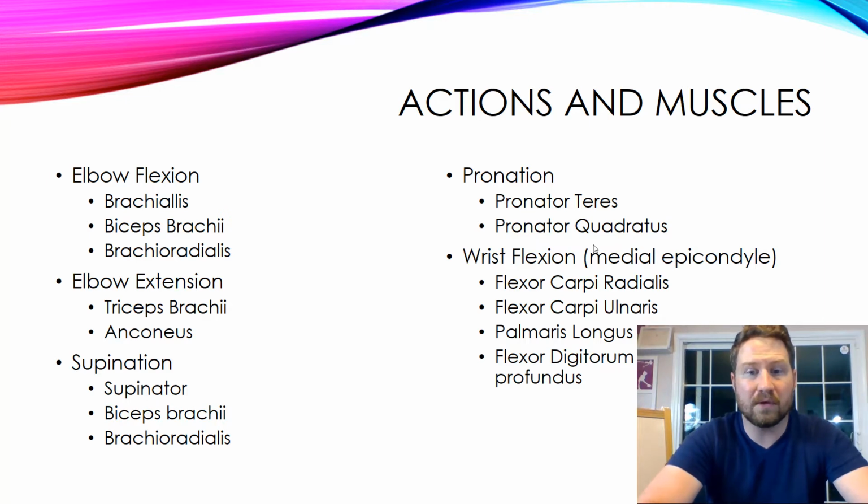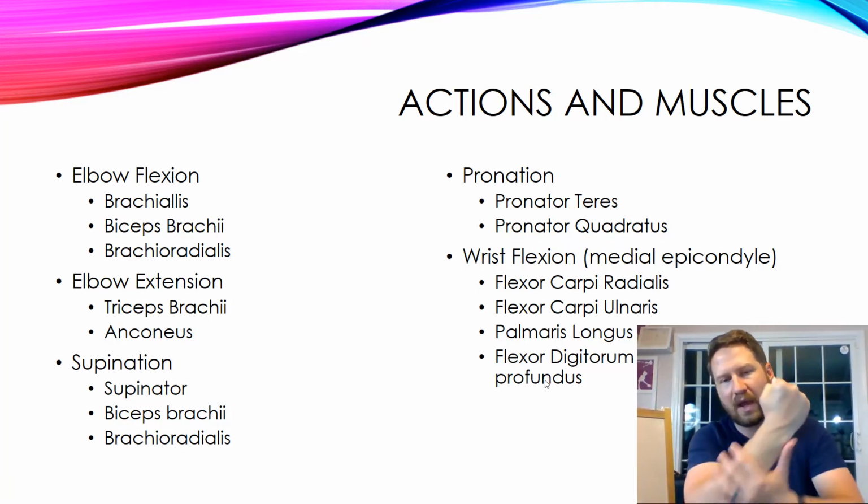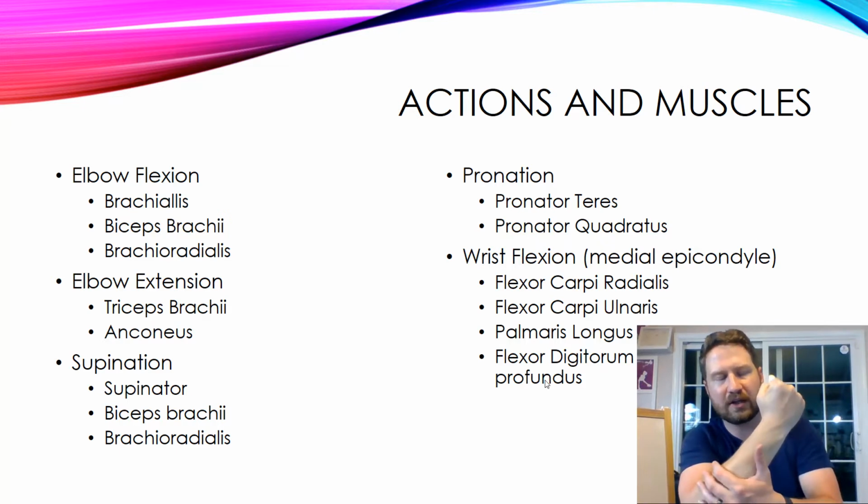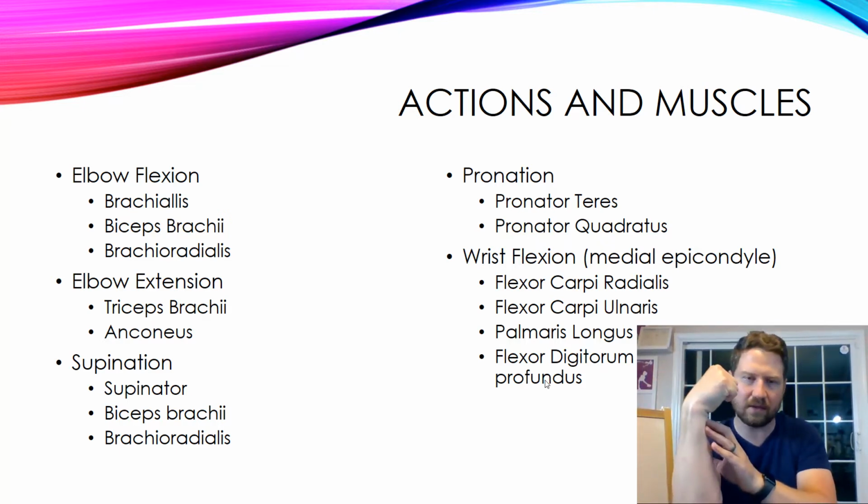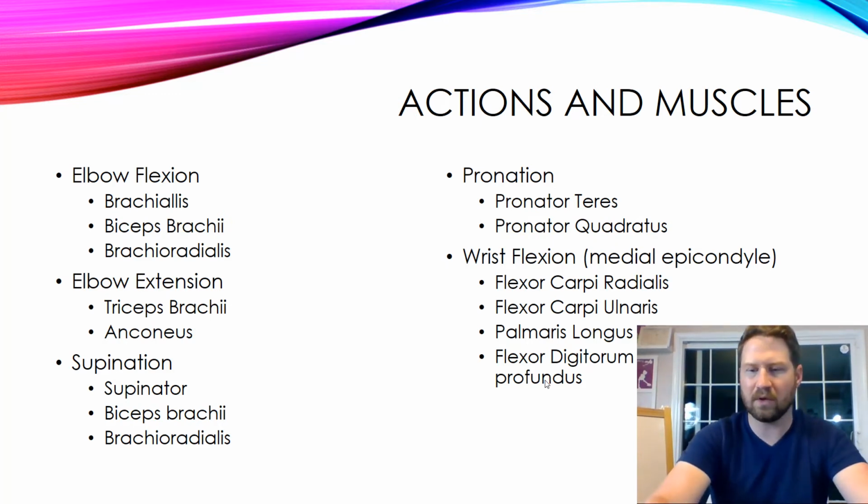Okay, remember, especially the superficialis and profundus, those are going to have an effect on every joint that they cross, right? So when the fingers cross, if there's no active co-contraction from the wrist extensors, they're going to force that wrist into flexion. Okay? We talked about that yesterday in 120 lab.